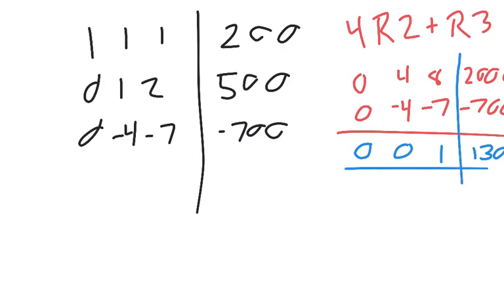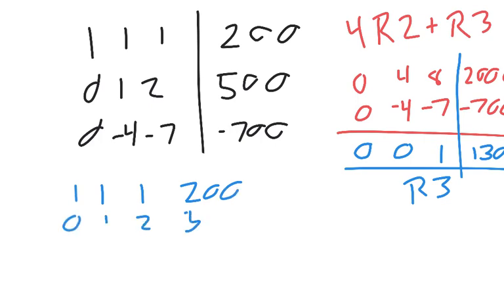And so this is going to become my new row 3. So this is going to be 1, 1, 1, 200, 0, 1, 2, 500, 0, 0, 1, 1,300.